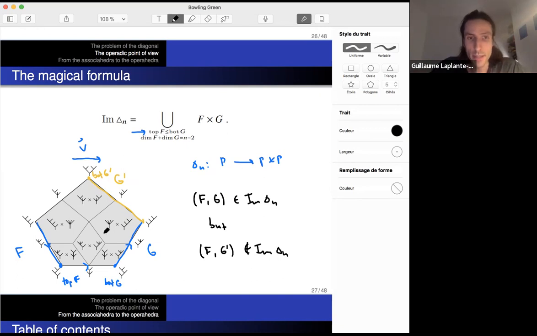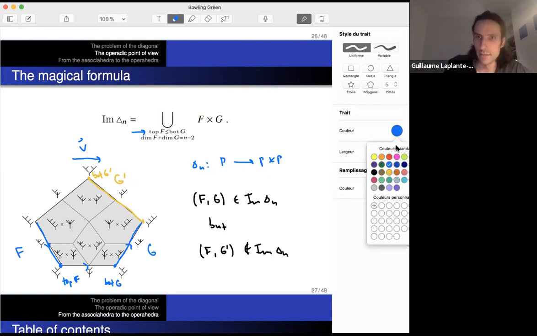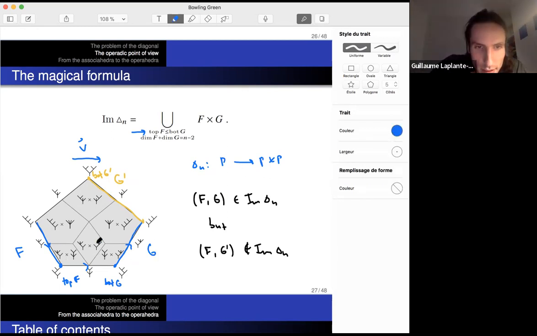And maybe I should explain what these drawings in the middle of the associahedron on the left are. Well, these are a subdivision associated to these pairs of faces. So for instance, these 2 faces that I've put in blue correspond to this part of the subdivision, and it's a pair in the image of the diagonal.